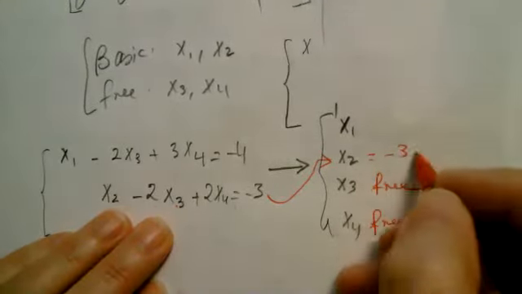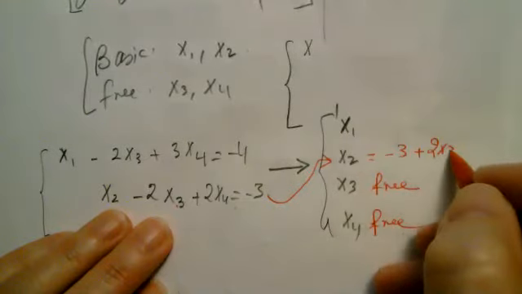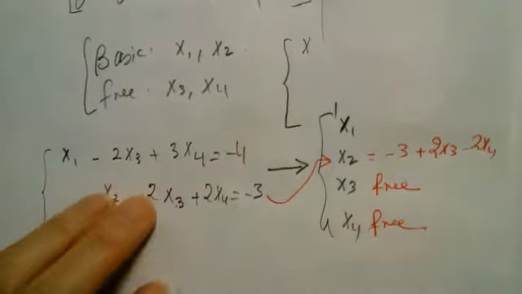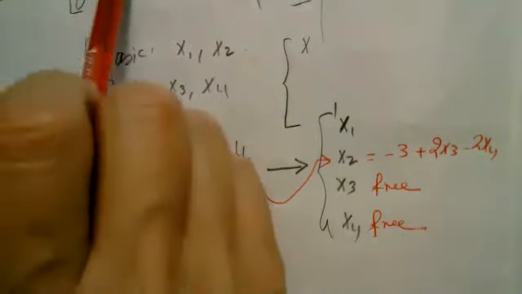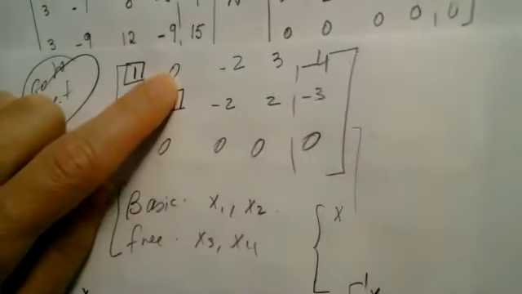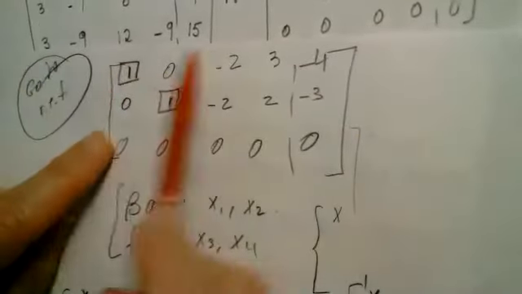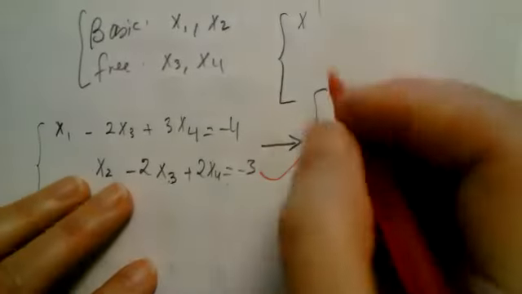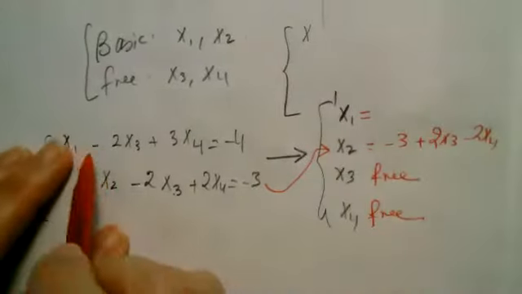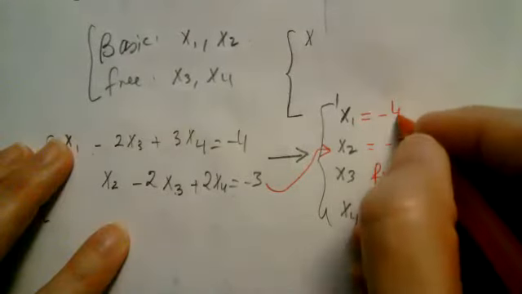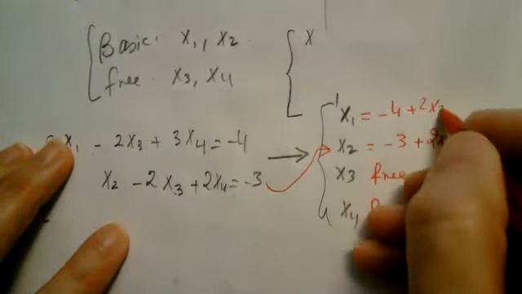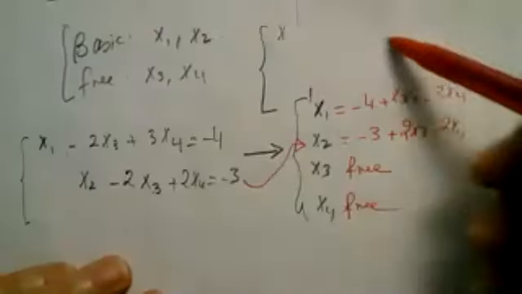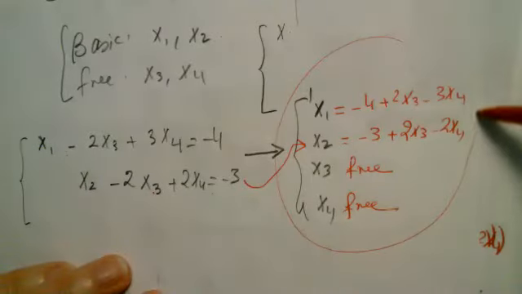So x2 is minus 3 plus 2x3 minus 2x4. Now I went to the reduced echelon form, so the coefficient of the other basic variable is 0. So the other basic variable does not show up in this equation. So I don't need to do back substitution. So x1 I solve for immediately: minus 4 plus 2x3 minus 3x4. So this is the solution of the system.